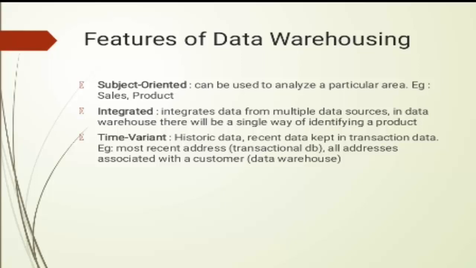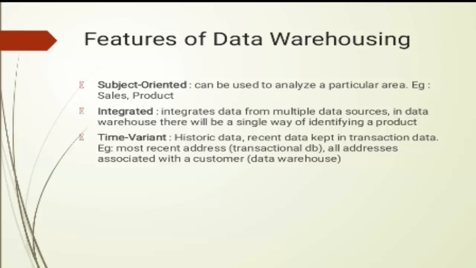By subject oriented, we mean that it can be used to analyze a particular area, for example the sales of a product or the customer in itself, as it does not focus on the actual data but on the different entities or on all aspects of the data, and this is where a data warehouse has an upper hand over other data models.